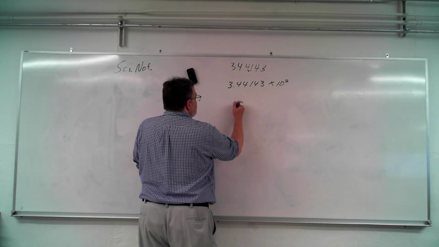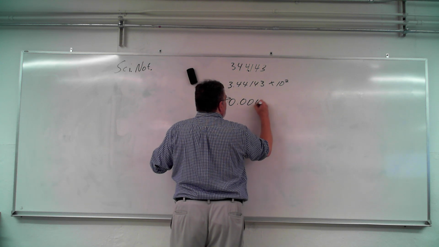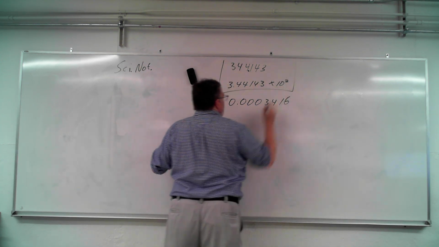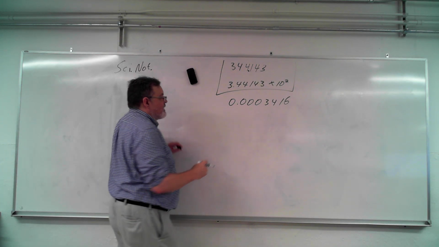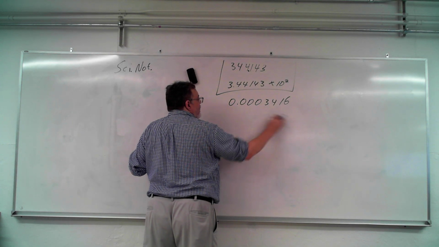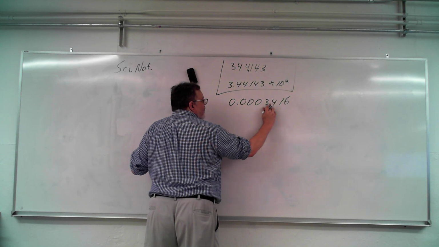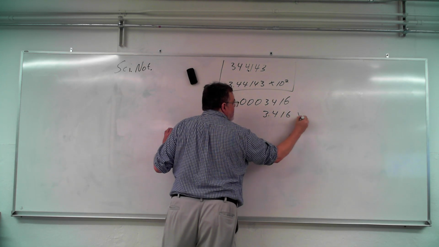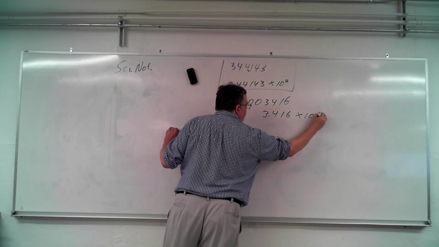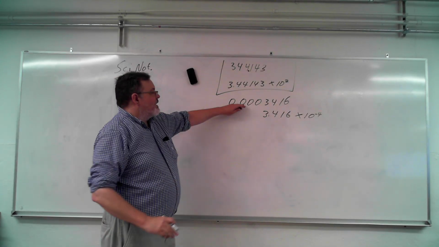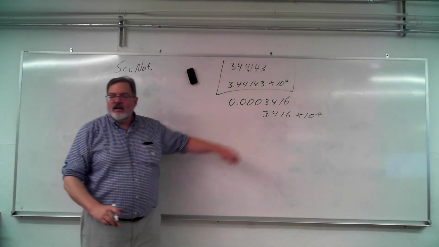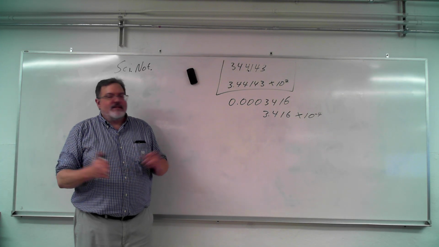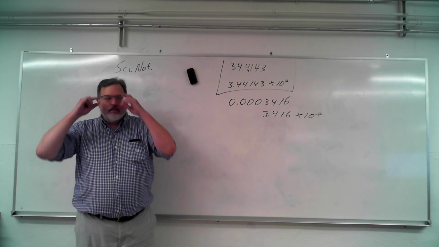And let's do one of these that are, okay, how do you put that in standard scientific notation? Now we're moving a decimal the other way. 1, 2, 3, 4. So 3.416 times 10 to the negative 4. This number and what this represents equal the same thing exactly 100%. So that's how you do standard scientific notation.